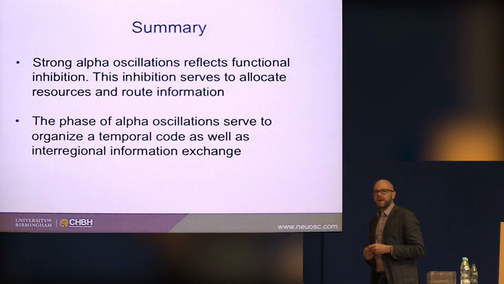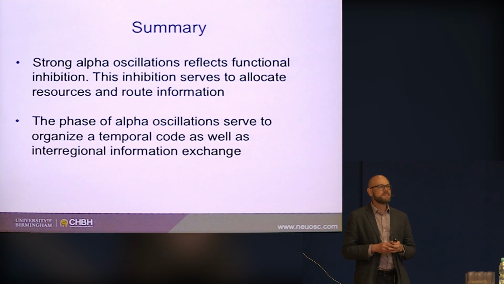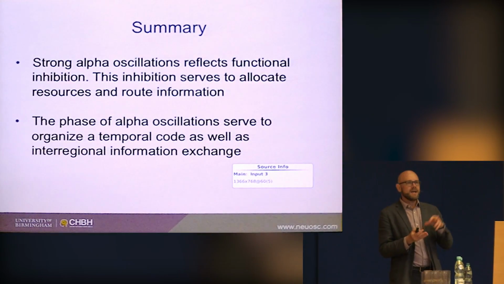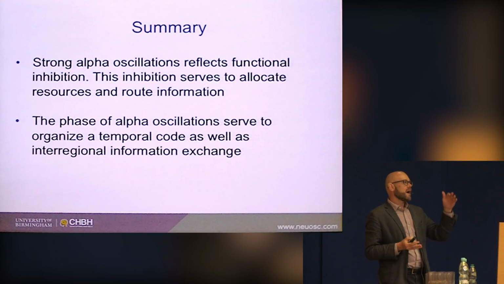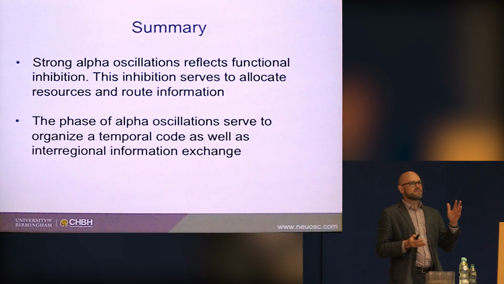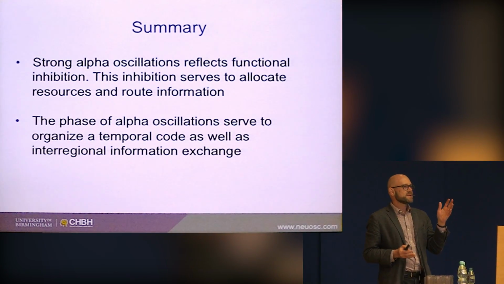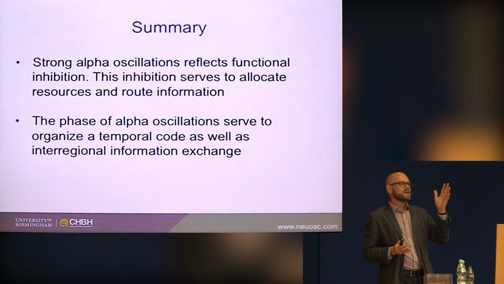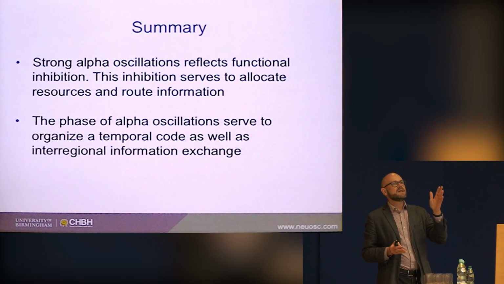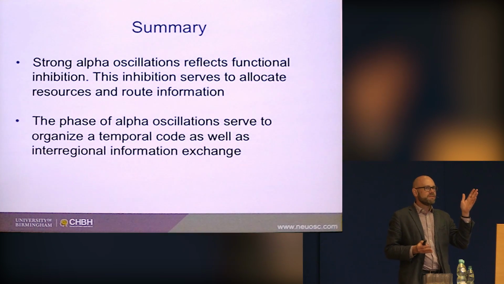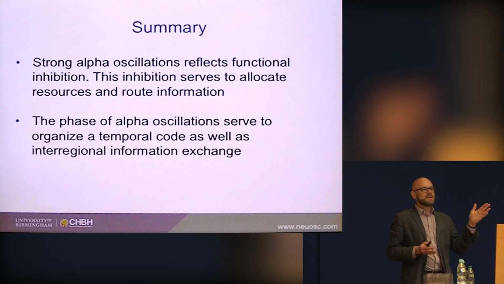I will end here by summarizing. We now believe that these alpha oscillations are inhibitory, so they limit the processing, but they don't completely abolish it. It's more that they inhibit in a pulse sense, yet there is still the possibility for phase-specific activation.